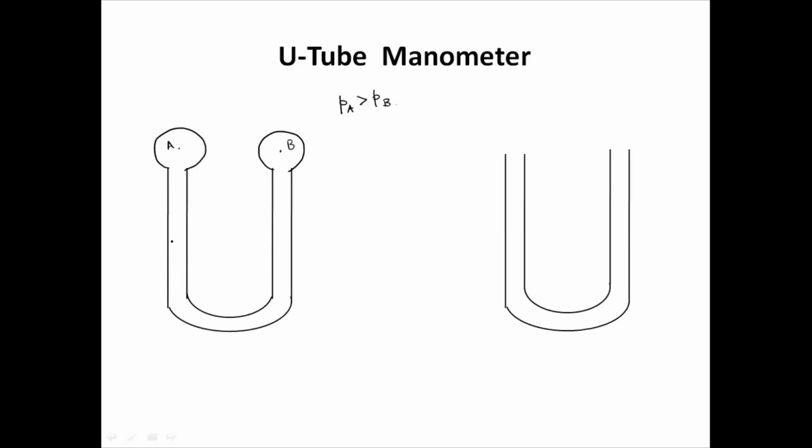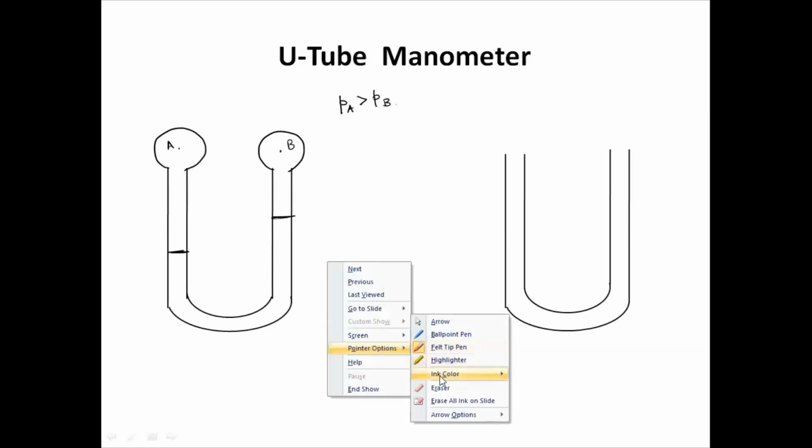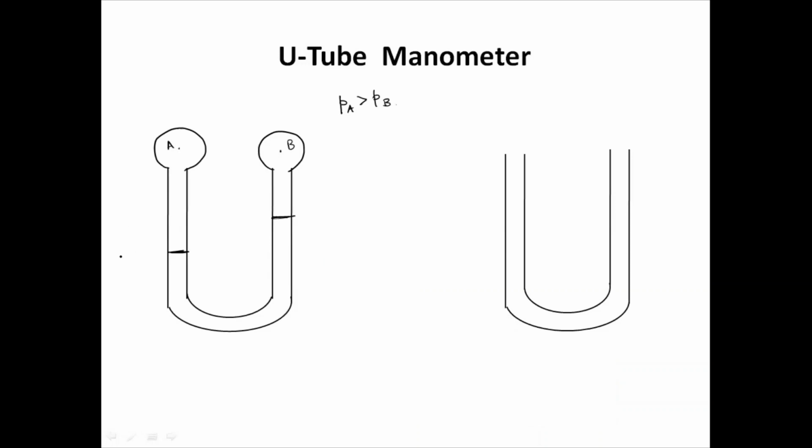As PA is more, on that side the manometer depression will be more, and on the other side the manometer depression will be less. That is the manometric fluid, rho M.